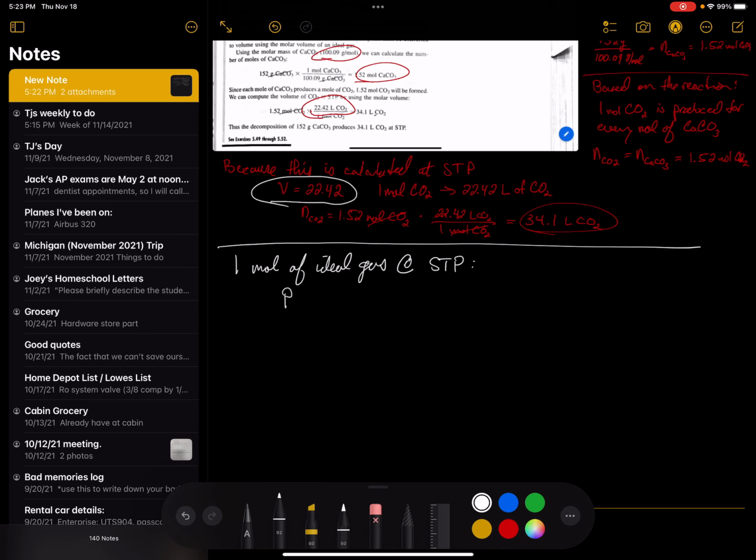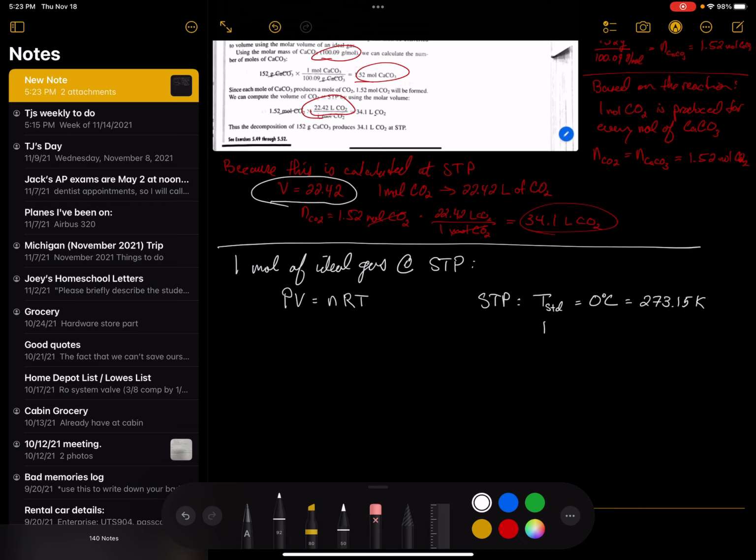Remember that ideal gas means that PV is equal to nRT. This is the equation of state for an ideal gas. Since we're at STP conditions, the standard temperature, T sub STD, is equal to 0 degrees C. That's how we define standard temperature in chemistry, which is, when we convert to Kelvin, 273.15 Kelvin.